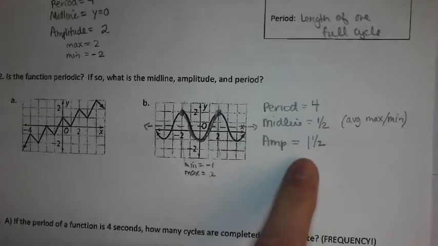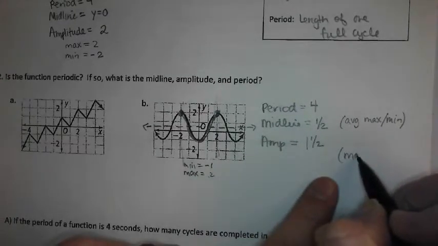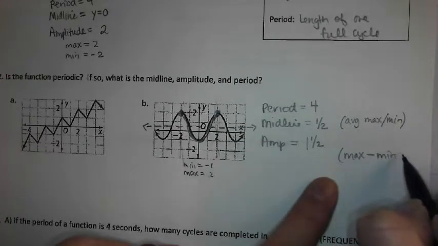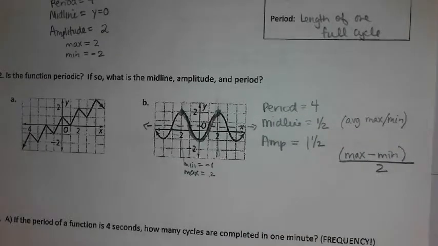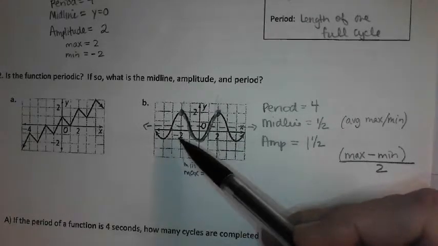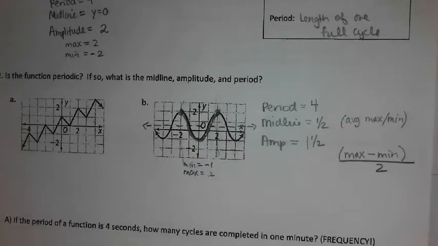The amplitude comes from the maximum minus the minimum divided in half. That's that difference of 3 divided in half. Okay? The amplitude is always positive, by the way. I don't know if you remember that from science, but the amplitude is always positive. Okay?